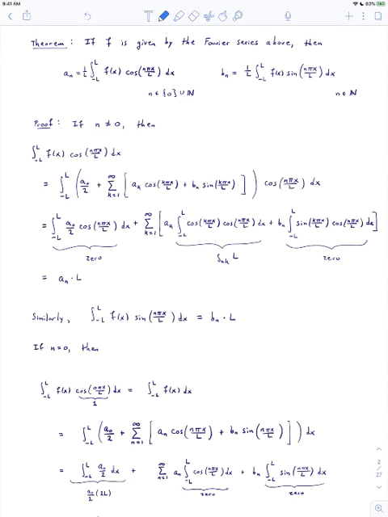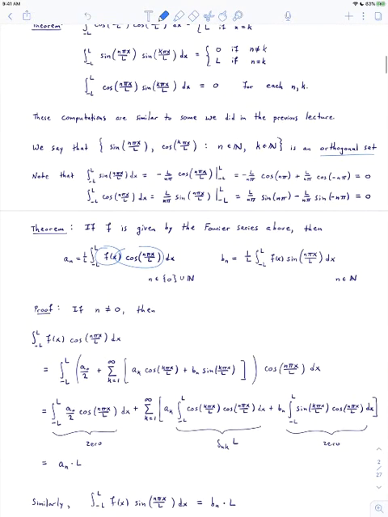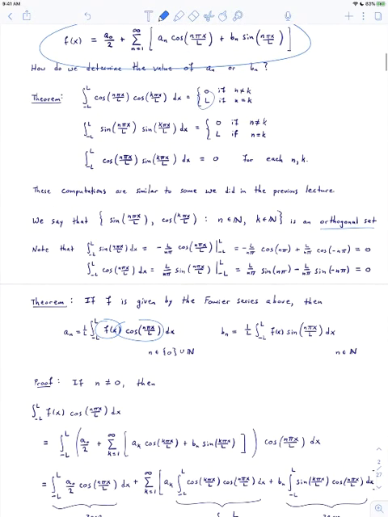So if you integrate from minus L to L of f(x) times cosine of n pi x over L with respect to x, then you're going to get L times a_n. So the L that you get is from right here or here, depending on which one of these you're doing. So that means we have to divide by L, and that gives us our a_n. We'll actually do these computations so you can see where all of this stuff comes from.